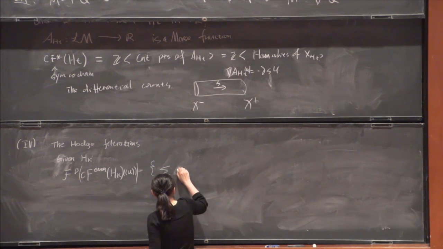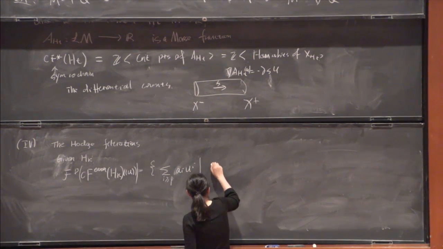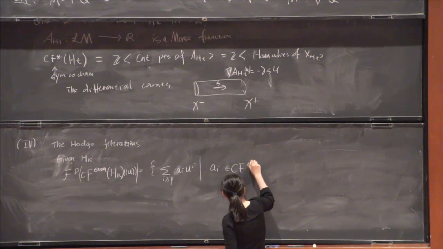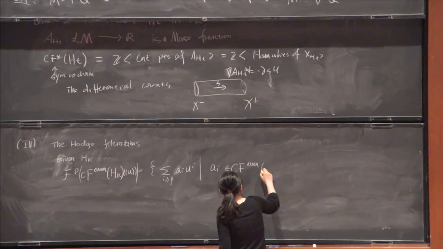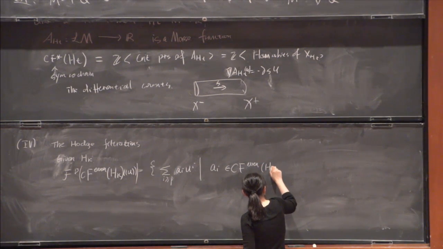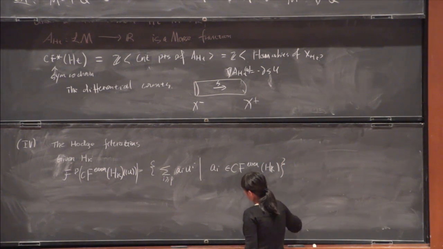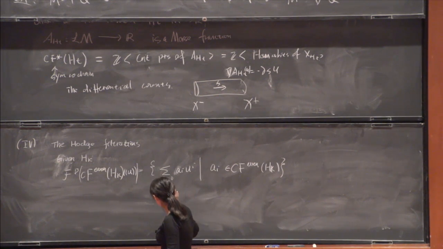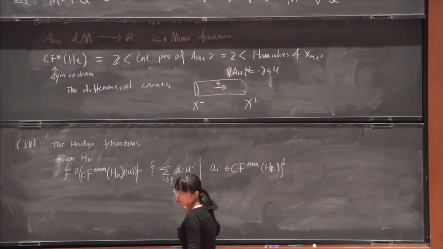So I can write this in terms of power series. Really here, a_i is a generator of the symplectic Hodge complex, HK. Okay, and this is everything where the power is bigger than P, that's naturally a filtration.